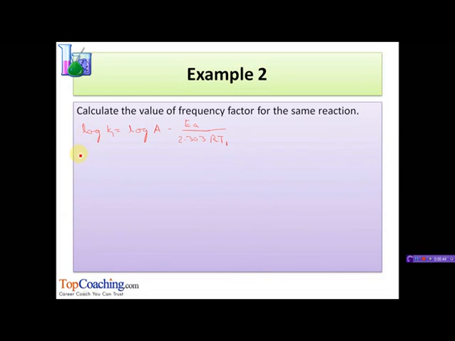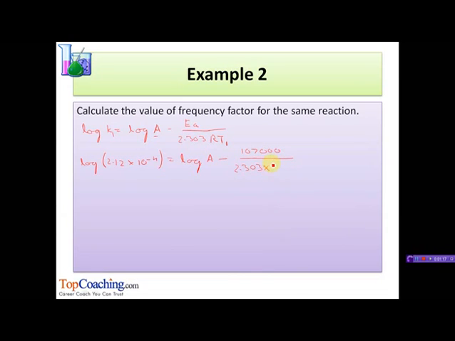Now, if we substitute the values in this equation, then we can write log K1, that is the rate constant for temperature 300 Kelvin, that is T1, which is 2.12 into 10 raised to minus 4, which was given to us, is equal to log A. We have to calculate A, that is the frequency factor, minus activation energy. We have just calculated, it is 107,000 joules per mole, divided by 2.303.